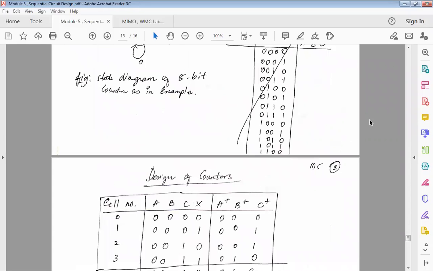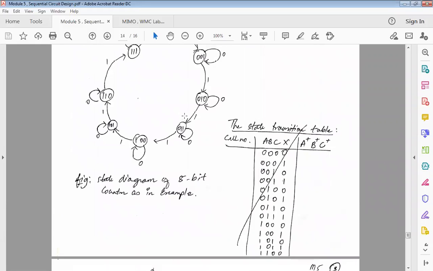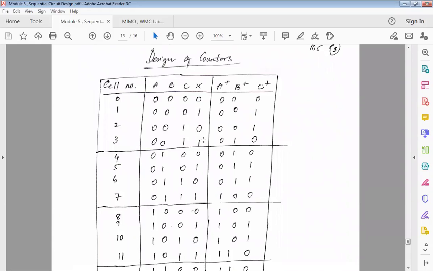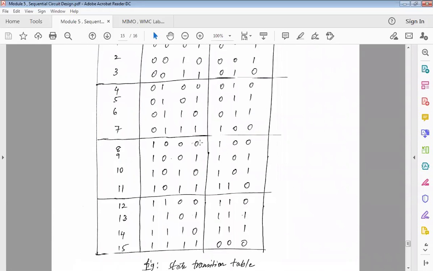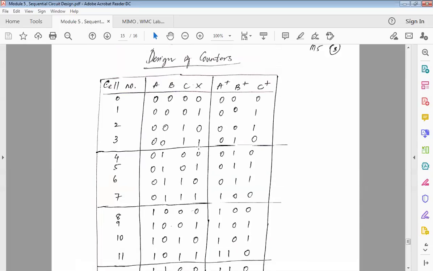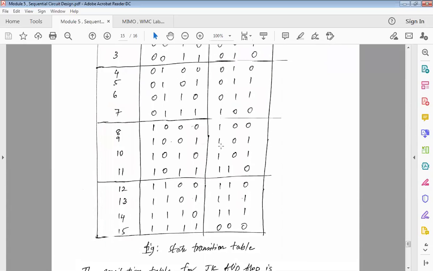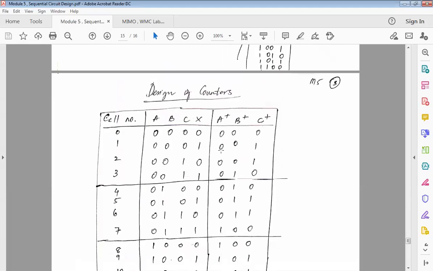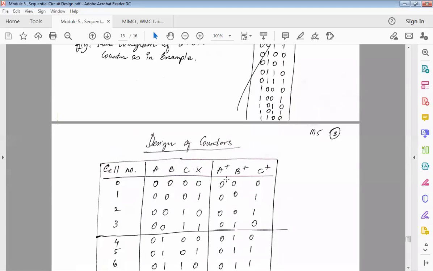Now whatever I have here in the state diagram, I will be putting it in the form of a tabulation. So what I will do here is I'll be using a, b, c, x. x will be counting the number of highs that happen. And can you tell me what is this a plus, b plus, and c plus?